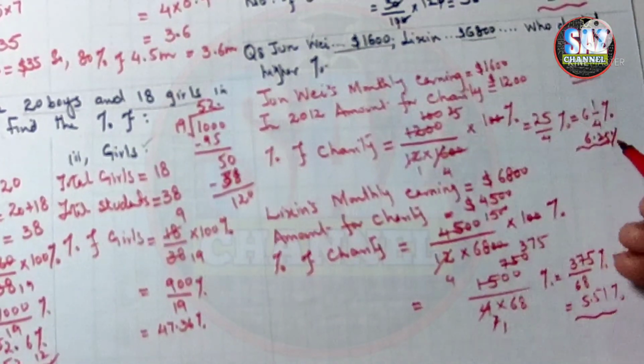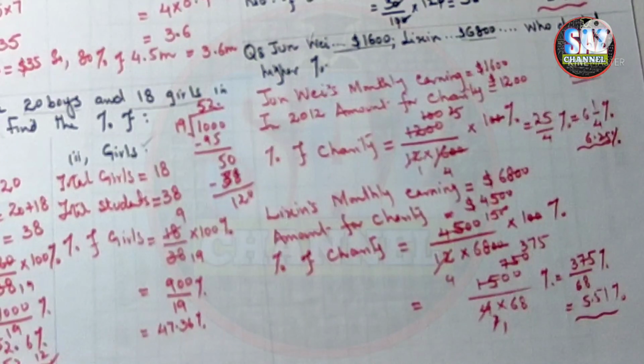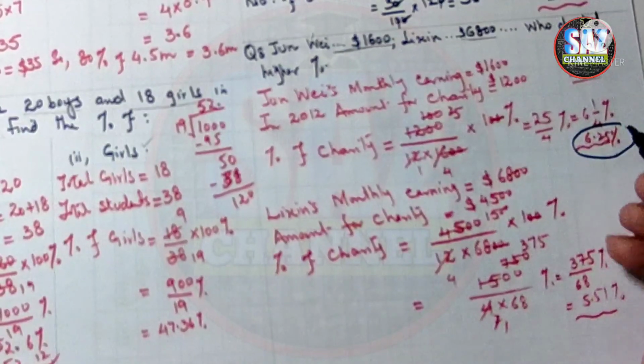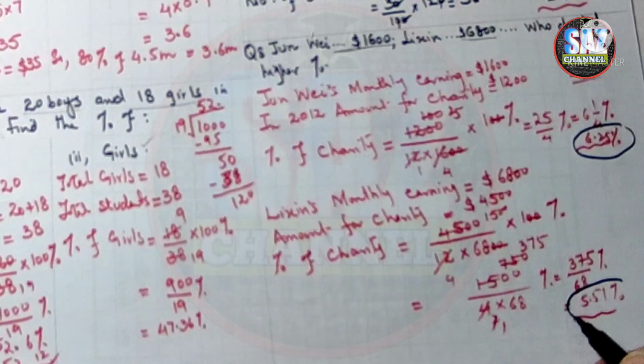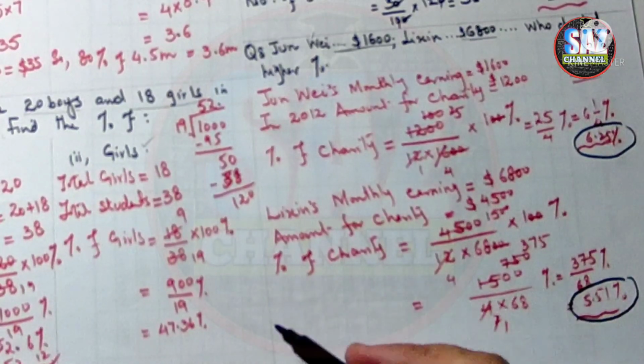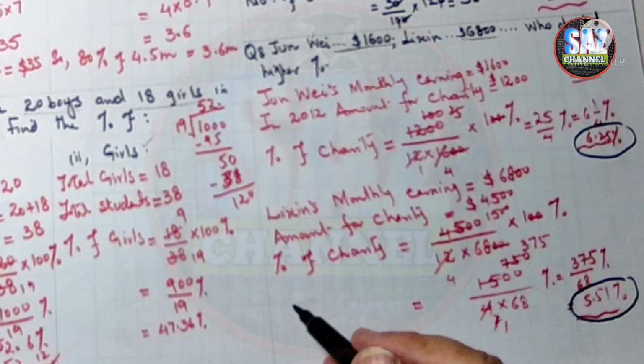Okay, and then what we have to do is, this is 6.25%. Now the question was asking who has donated the higher percentage of money to the charitable organization. So one of the percentages we are getting is 6.25 and the other is 5.51. So it's clear who is donating more. So this is Janvi.